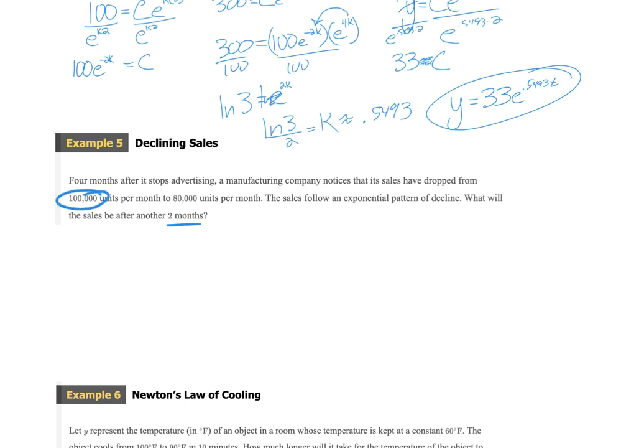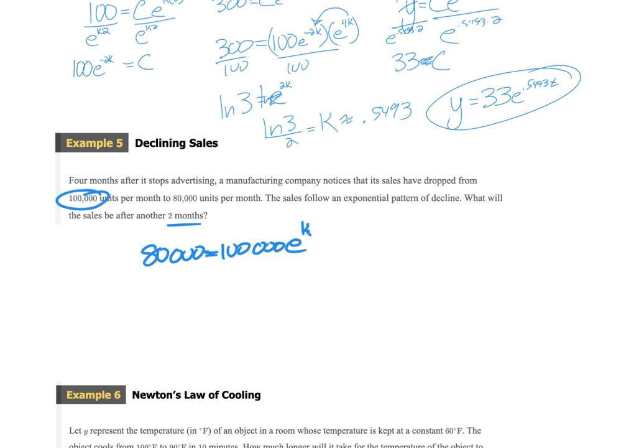So our 100,000 should be our initial value. So we don't have to write two equations this time and solve the system. We're just going to write one equation. Our initial sales is 100,000, and that's e to the kt. Sorry, we are plugging in our value of t here.